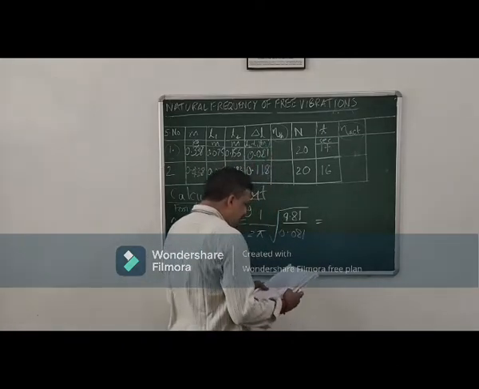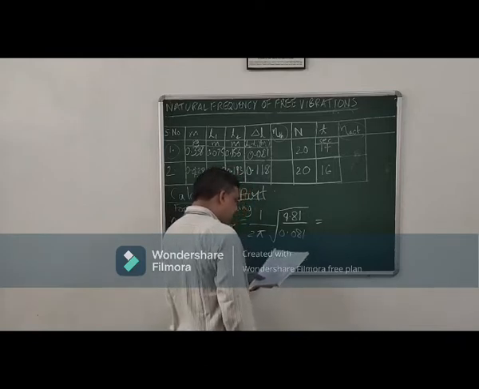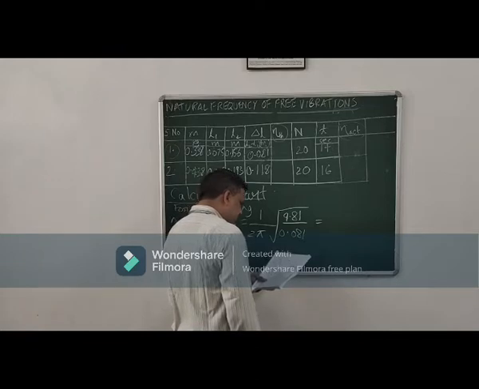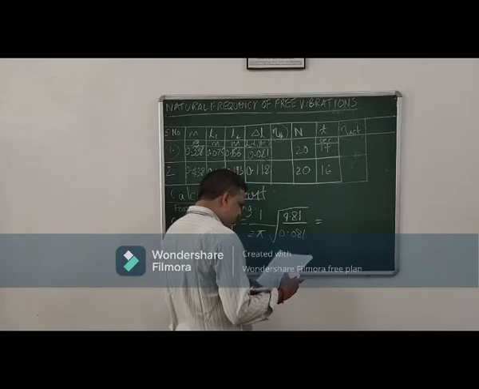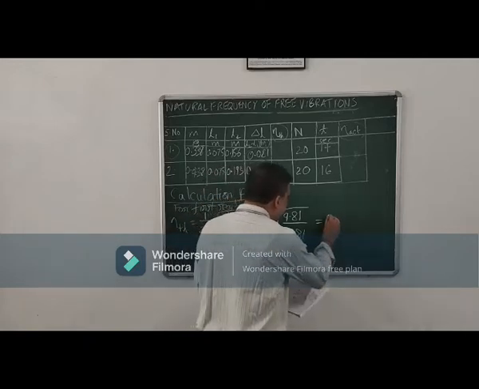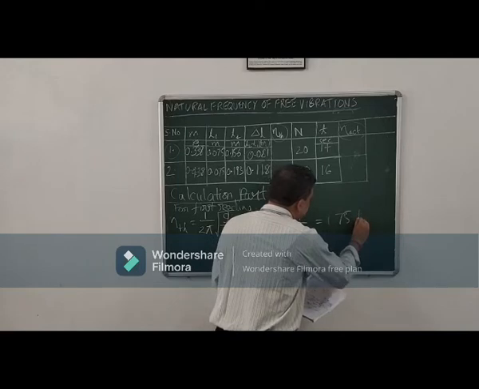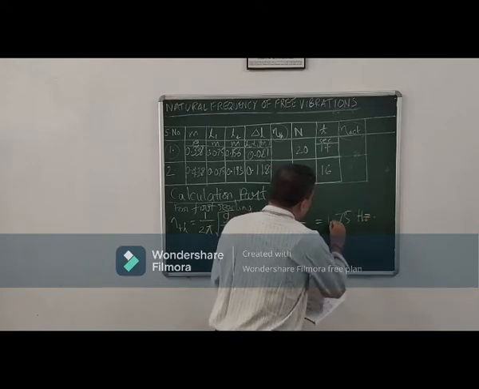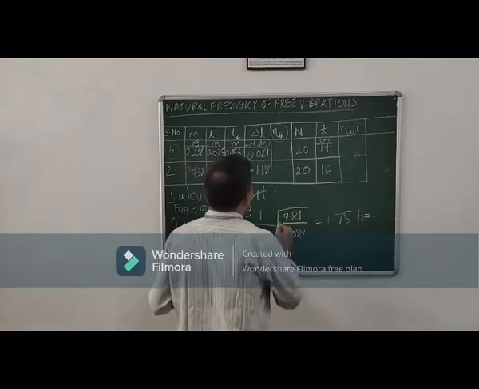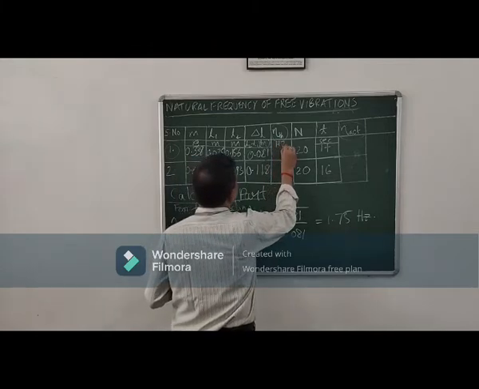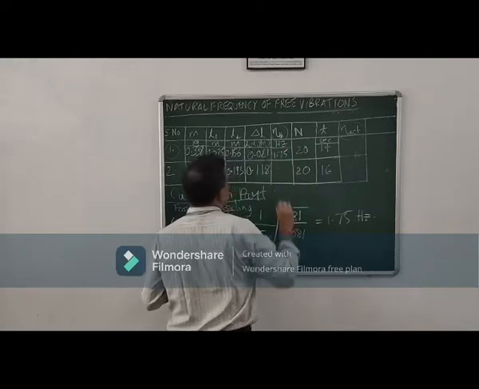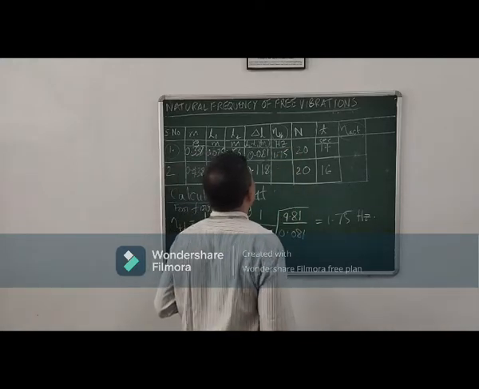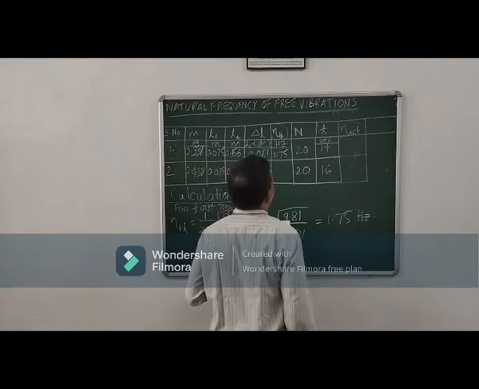After calculation, we obtain this value as 1.75 hertz, that is cycles per second, for the first set of readings.